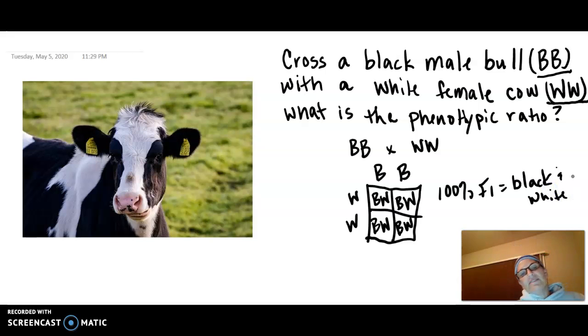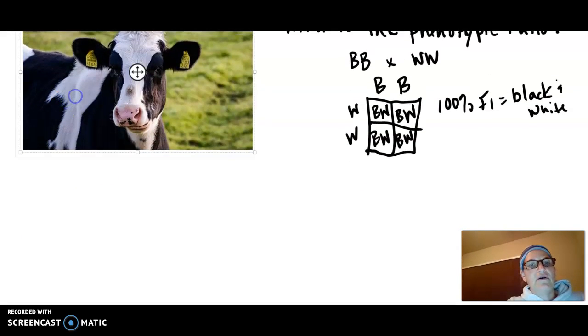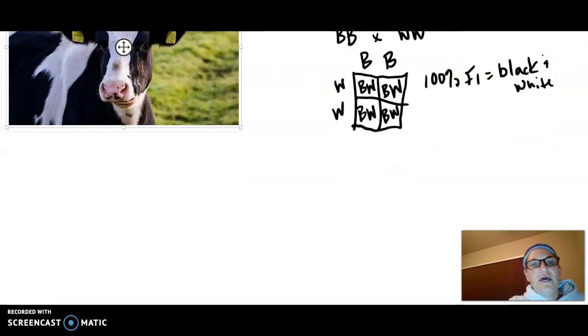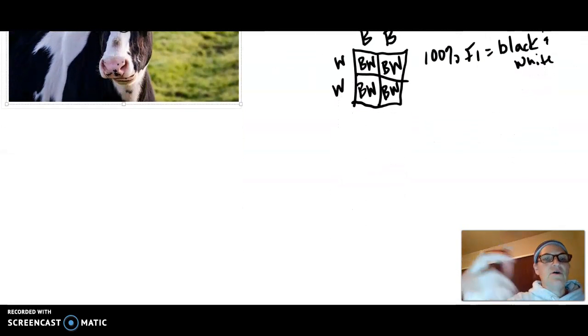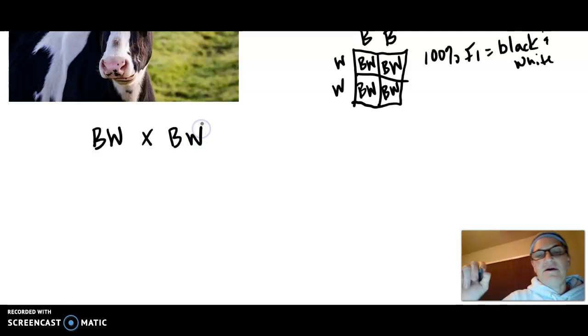Okay, let's say that we go ahead and we take 2 black and white cattle and we mate them together. Well, what is their offspring going to look like? So we're going to take a black and white male and a black and white female, and we're going to mate them together.